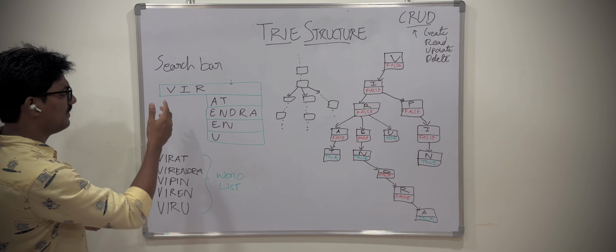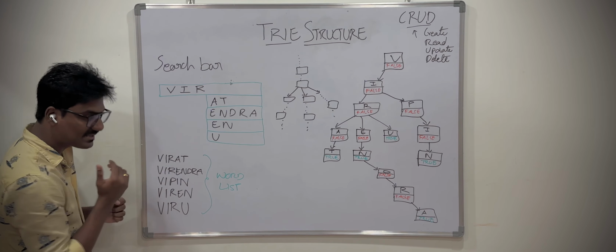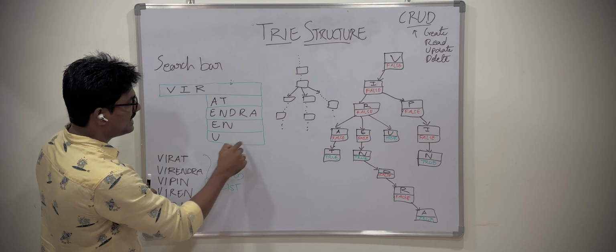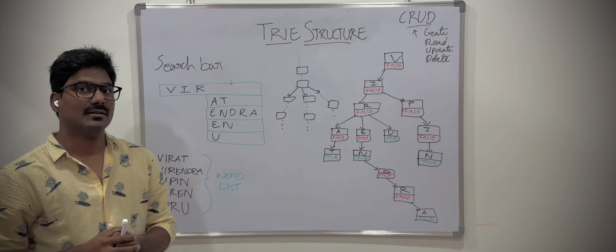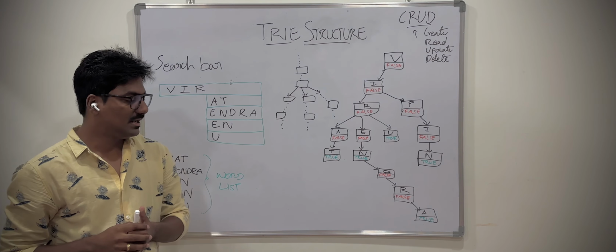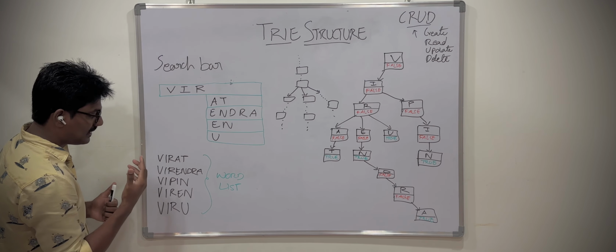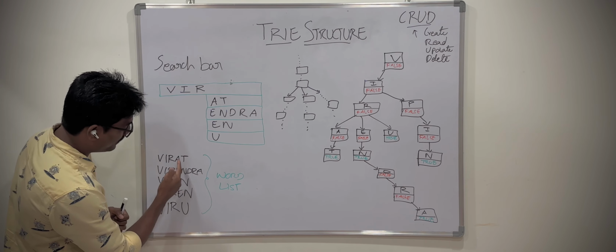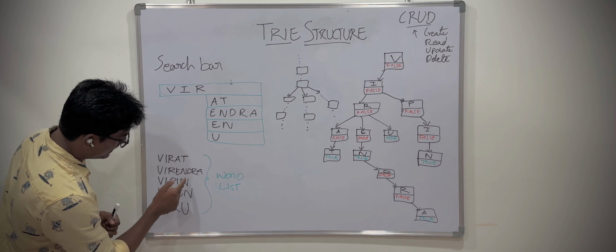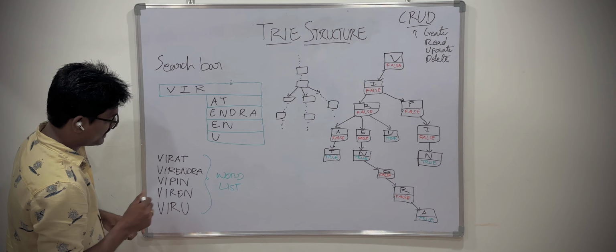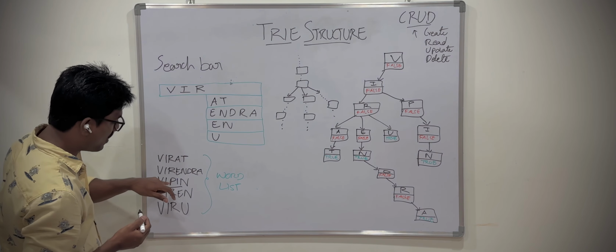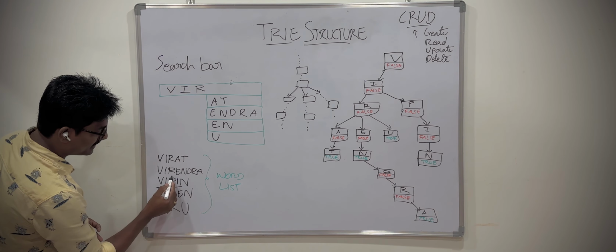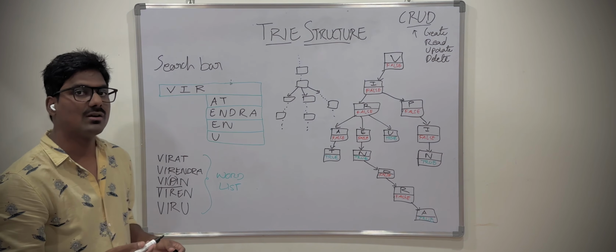If the data structure only has these names, then only these four will be auto-suggested when we use the trie, because when I end at R, it has to auto-suggest the remaining letters. Vipin will not come up because it doesn't have R in the third character position.